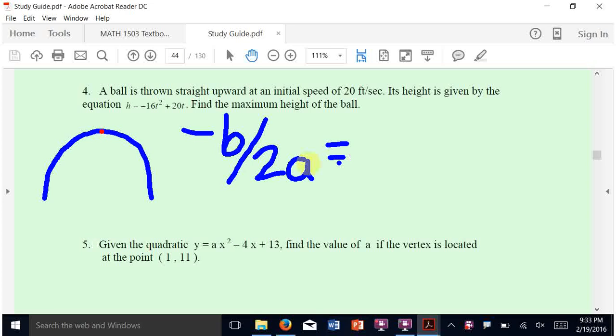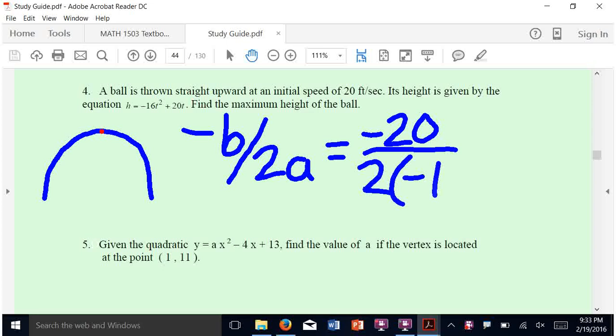Okay, so we have negative B over 2A. And that would be, so our B is 20, so we have negative 20 over 2 times A, which is negative 16. And we can reduce this. So 20 divided by 2 is 10. And a negative divided by a negative is just going to be a positive.